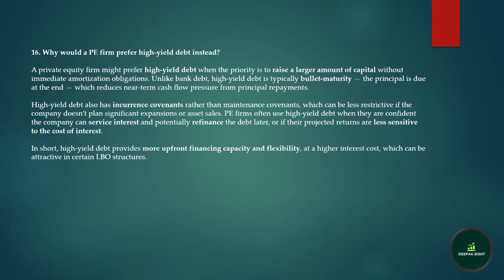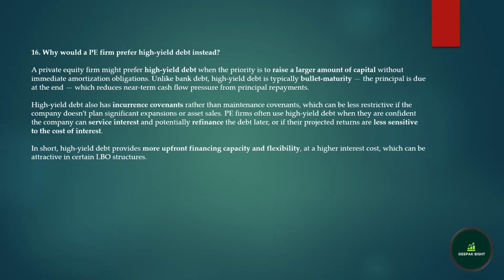And bank debt usually requires amortization over time. So this lower initial cash burden can be appealing for a private equity firm, especially when the target company is not generating immediate strong cash flow, or when the firm plans to use the early years of investment to improve the operations or growth.